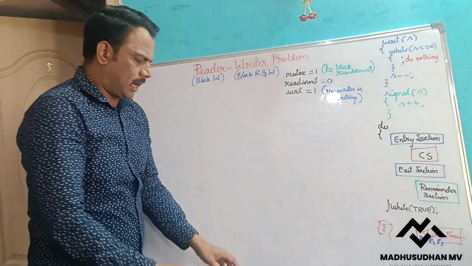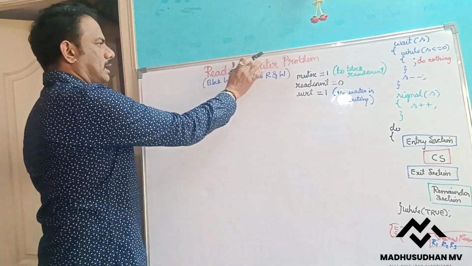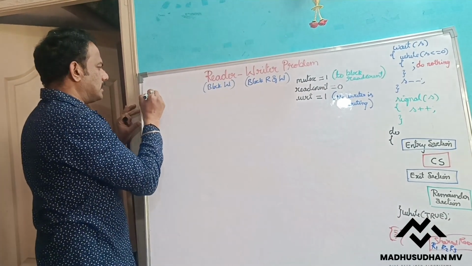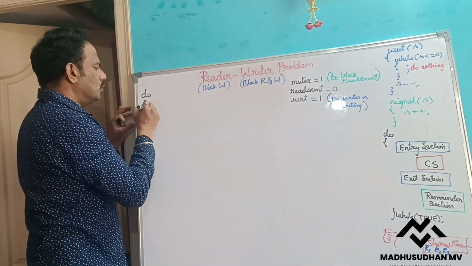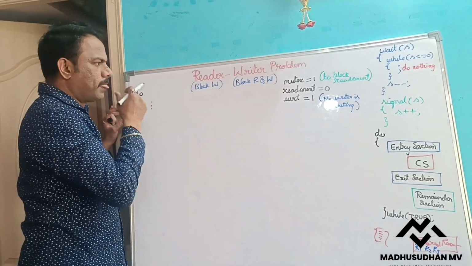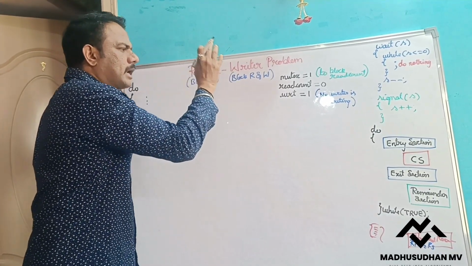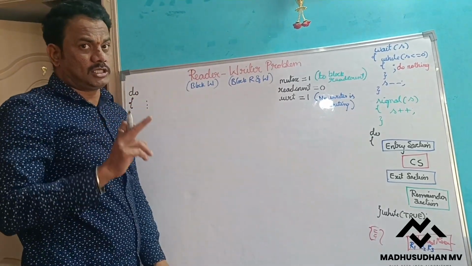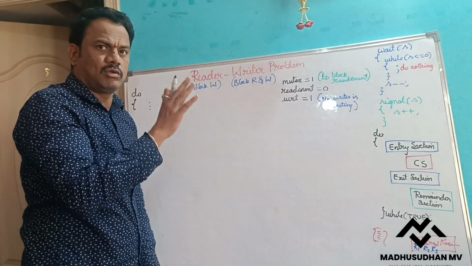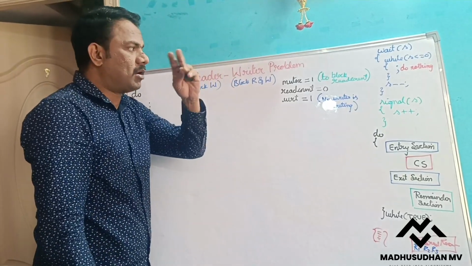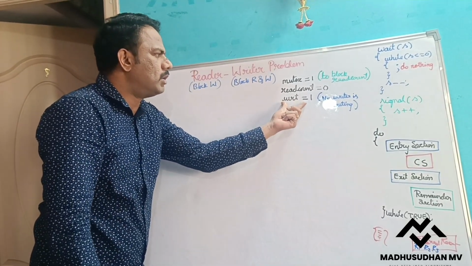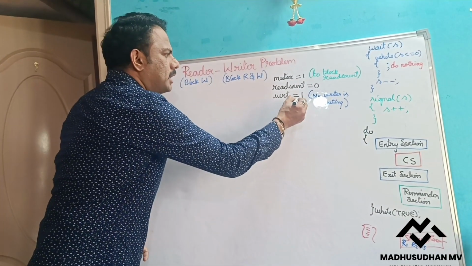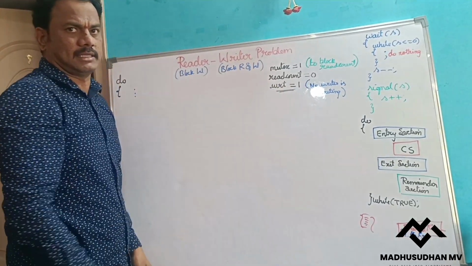First, the simple one, the writer process. Whenever a writer wants to enter the critical section, it wants exclusive access, which means it should not allow anyone else. I am using only this WRT, which is only for the writer process.